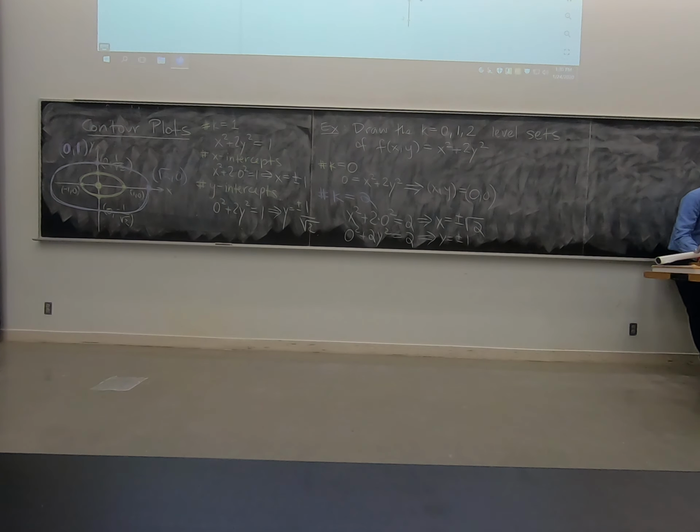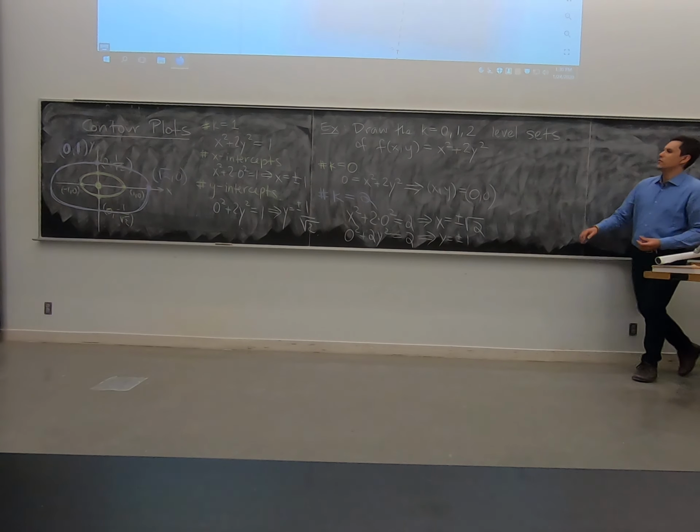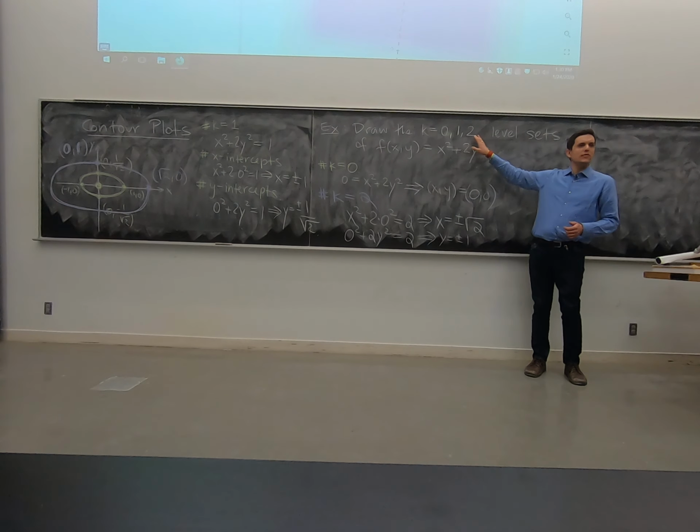It's thin in one direction, fat in the other direction. Every cut of this thing is going to be an ellipse. So that inner shape there is a representation of our k equals 2 level set.